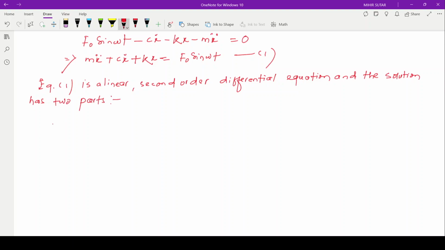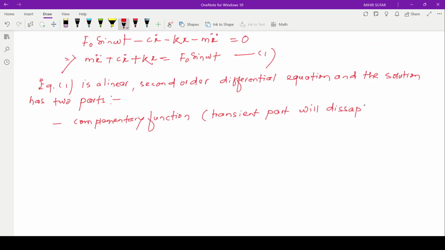First solution will be a complementary function, where the transient part will disappear.